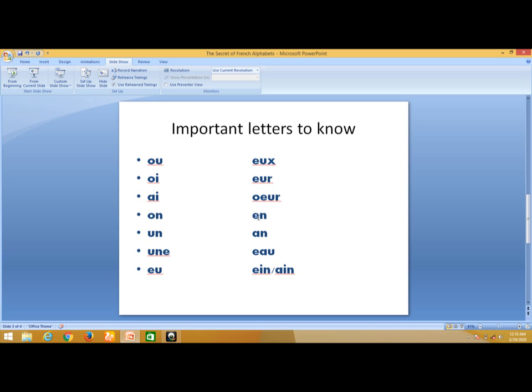Okay. The E and N, it is what? The same thing. A and N is also the same. So this E, A, U is pronounced as O. And this is what we call water in French. L'eau.